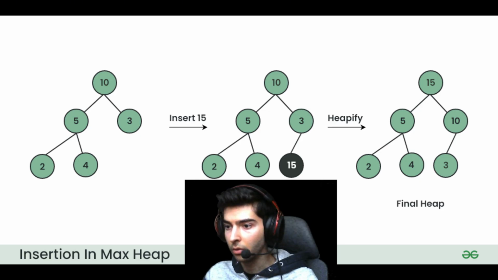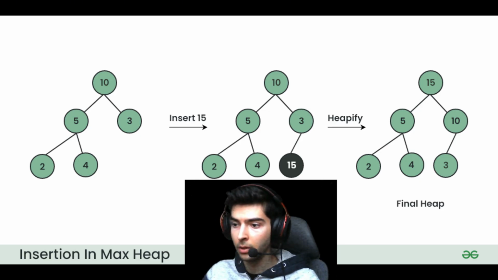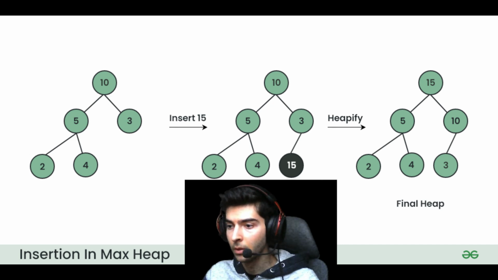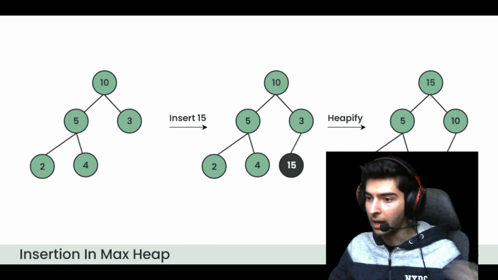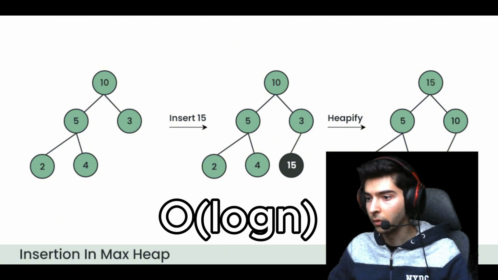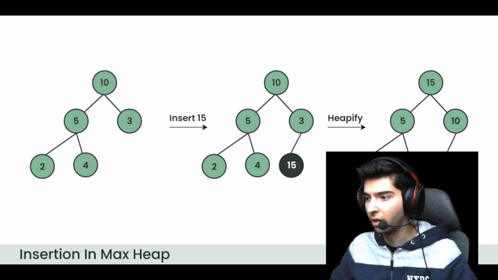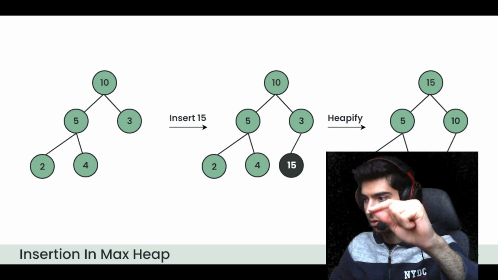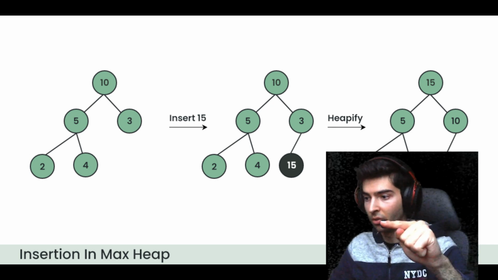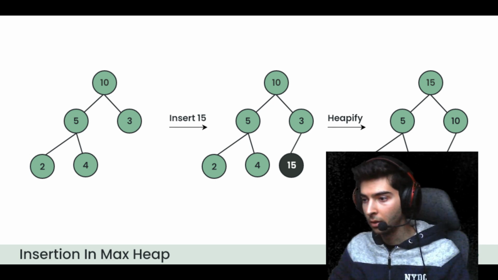For that, usually what we do is we add it at the bottom and then we heapify, so we rearrange the heap again. And since it's a binary tree, with that extra condition we set before, complexity for that is O(log n). In the worst case, the top node could go down from the root to one of the leaves, choosing one out of two paths every time.